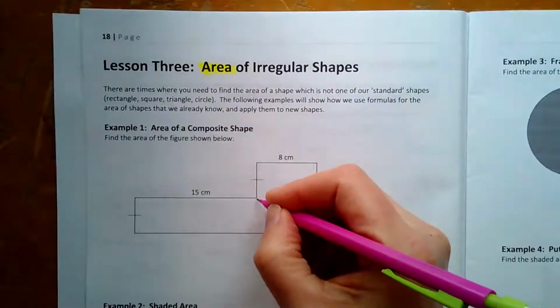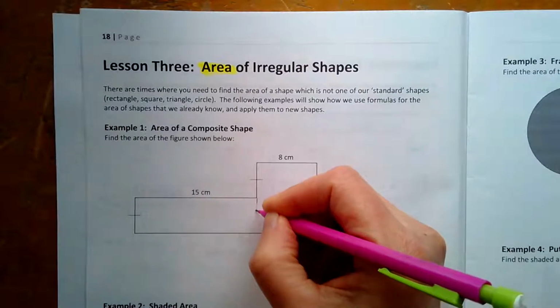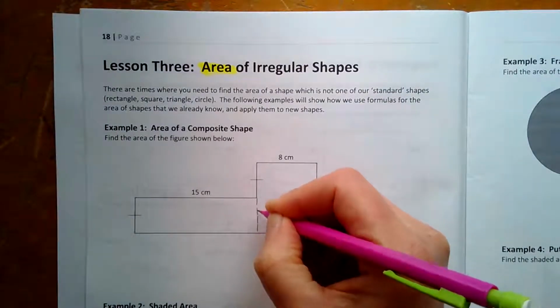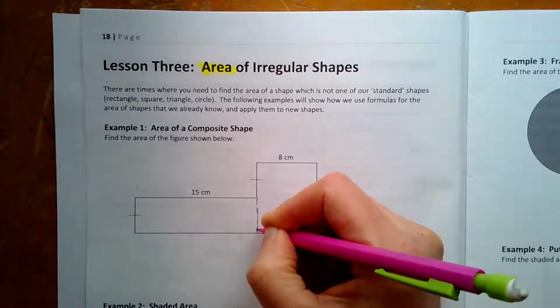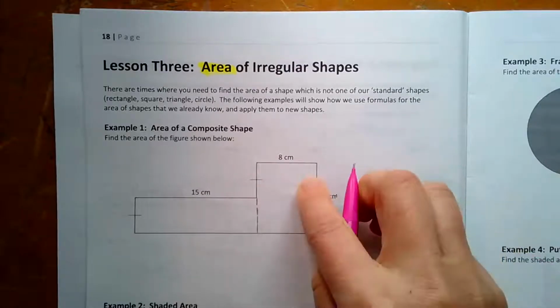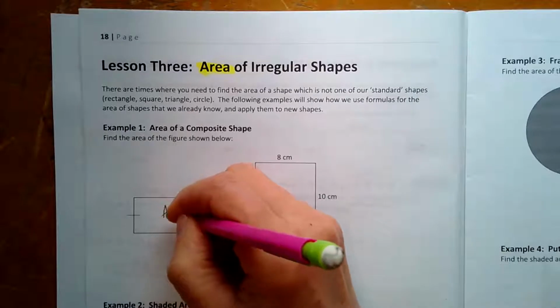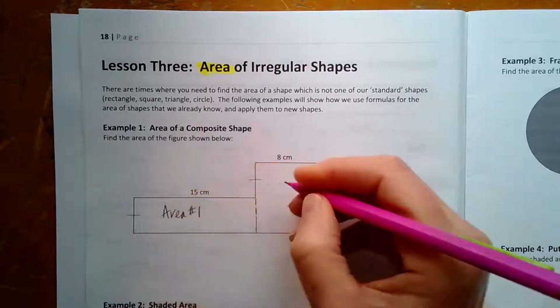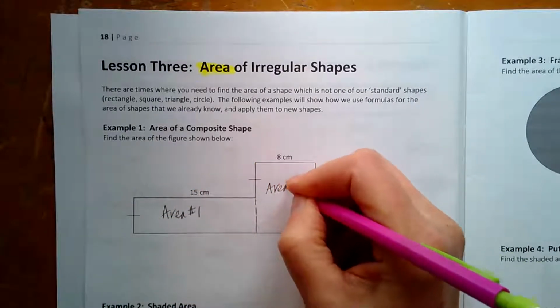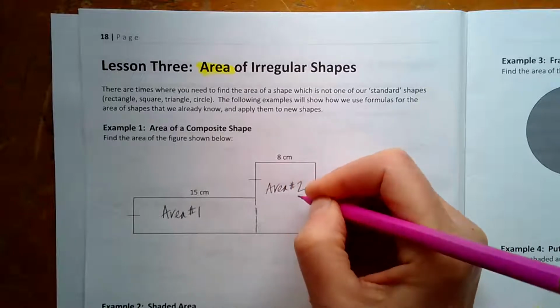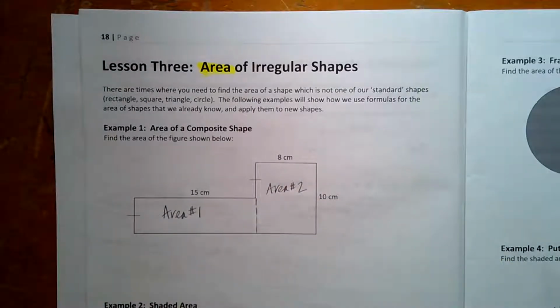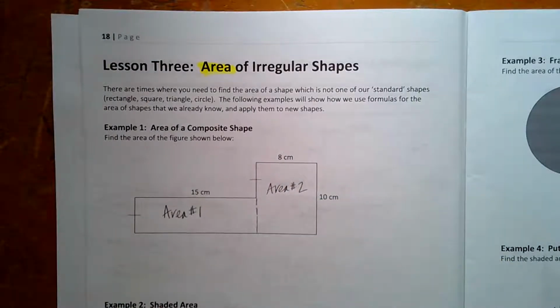But I think I'm going to do it this way, which is sort of a more traditional approach. I'm going to draw an imaginary line down here, and I'm going to call this area number 1 and area number 2.